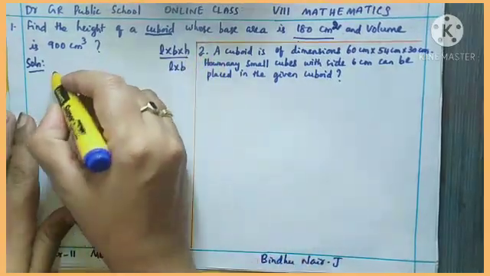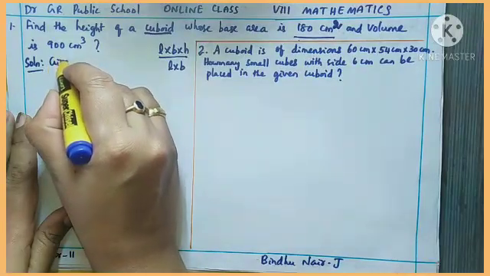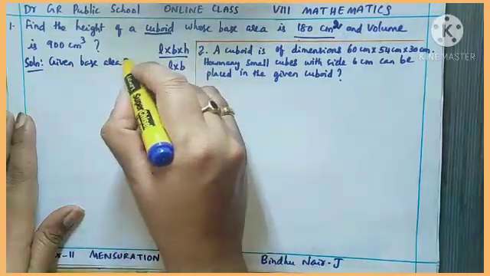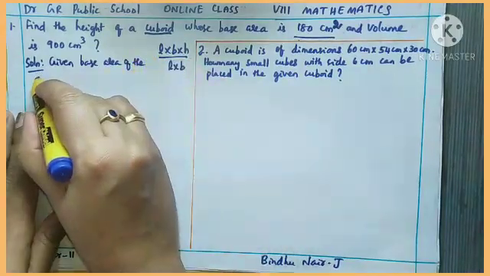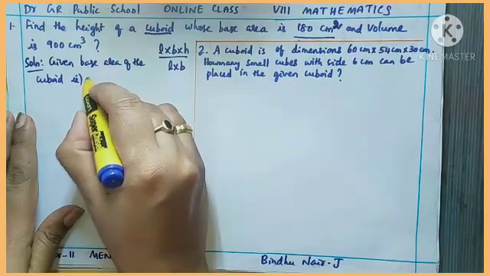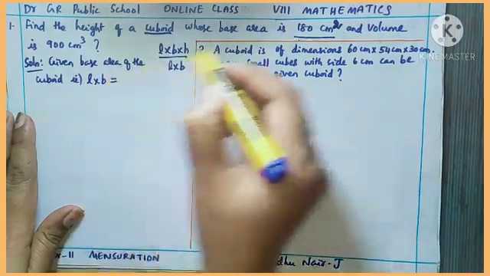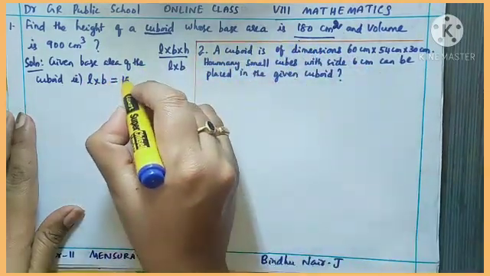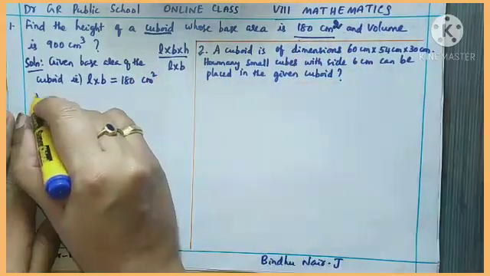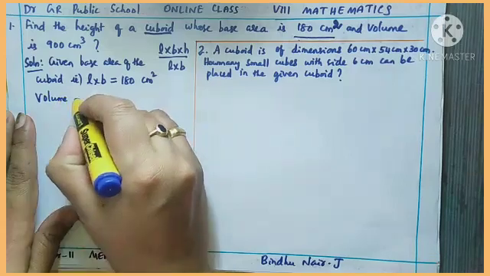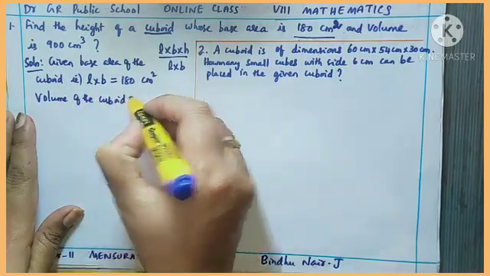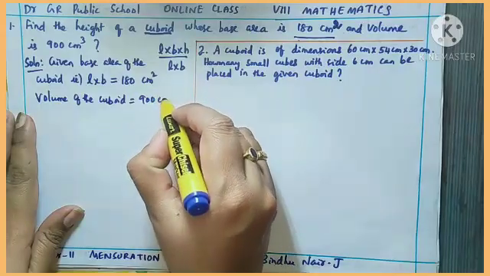Given: base area of the cuboid, that is L into B is how much? 180 centimeter square. Now what is given? Volume. Volume of the cuboid is equal to 900 centimeter cube.